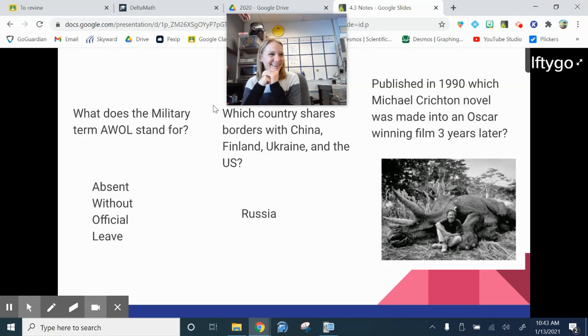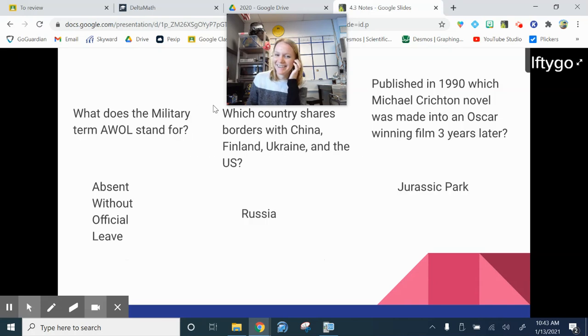Originally Alaska was actually Russia. Yes, because the borders were closer. All right, what about this? Published in 1990, which Michael Crichton novel was made into an Oscar-winning film 3 years later? Jurassic Park. You guys got easy ones today. Very nice.